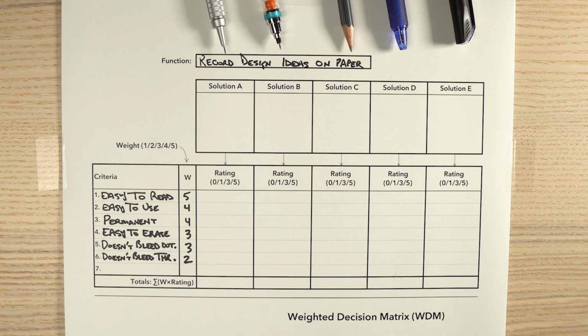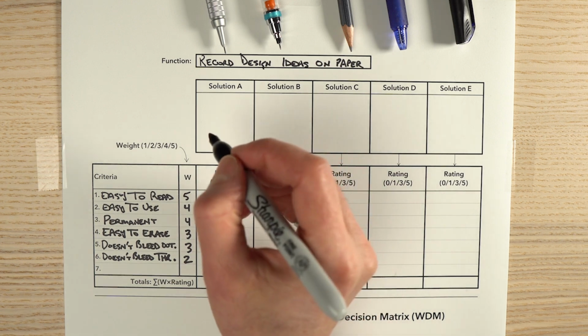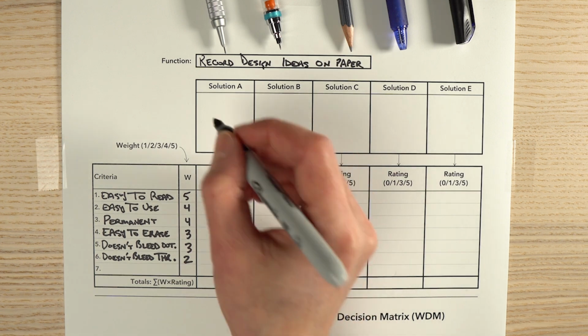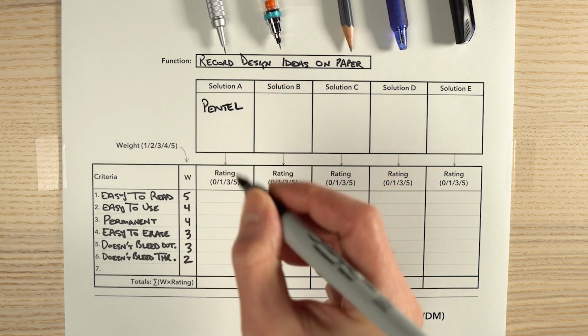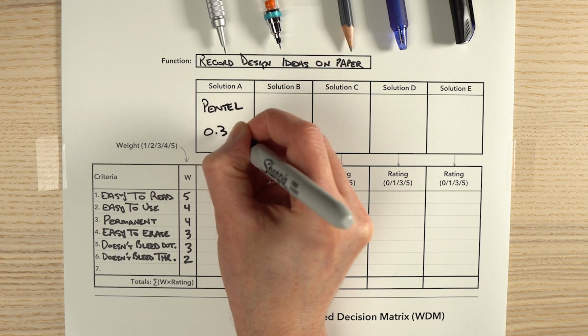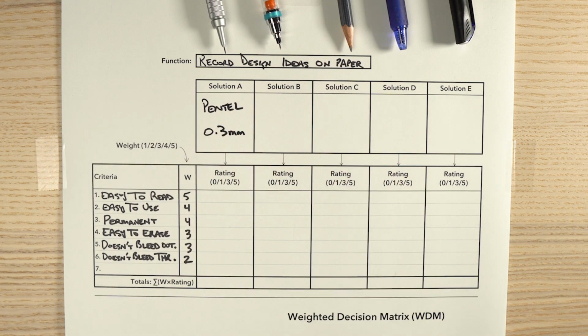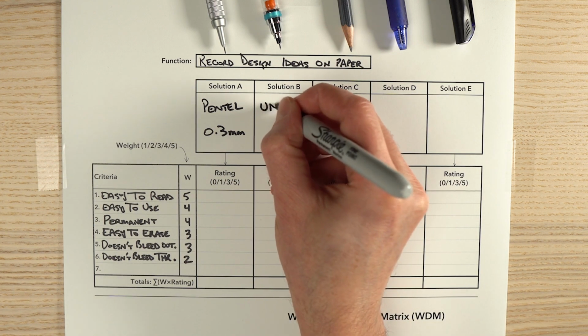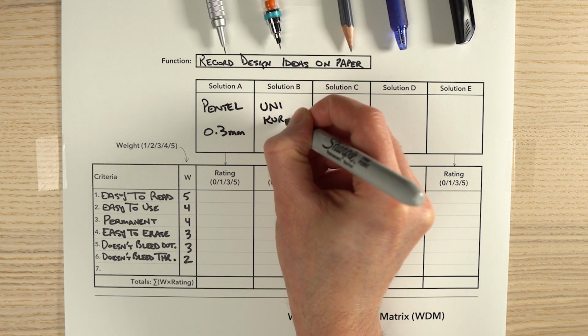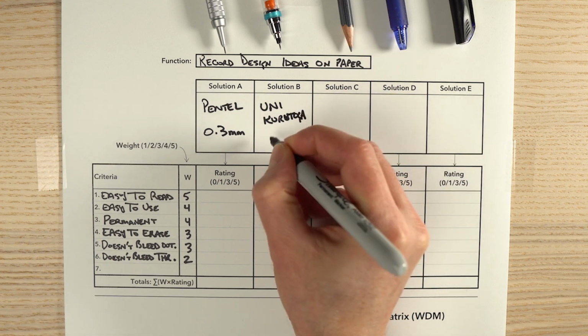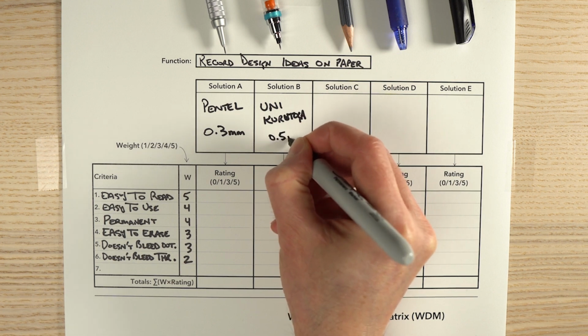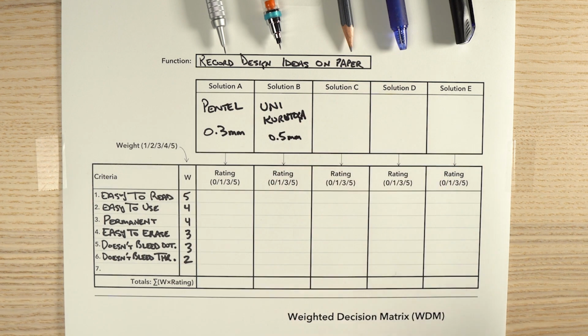These are the solutions I chose. The first is the Pentel Graph Gear 500. It's a mechanical pencil with 0.3 millimeter lead. The second is the Uni Kuratoga with 0.5 millimeter lead. The third is the Palomino Blackwing 602.